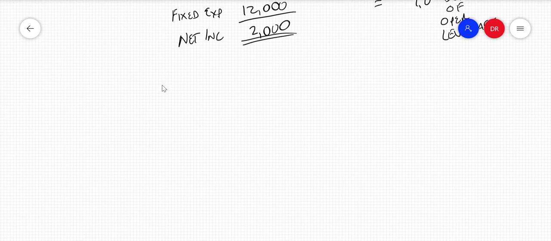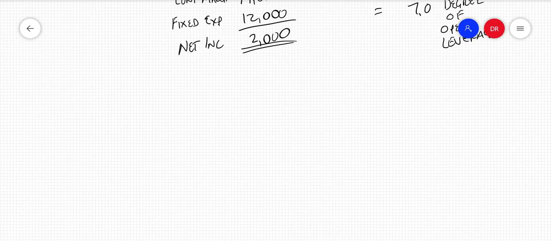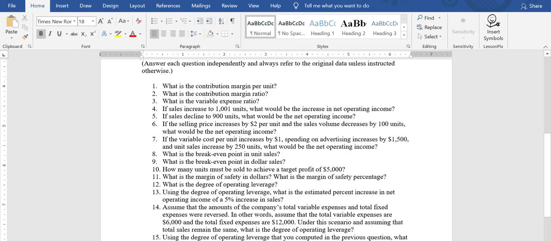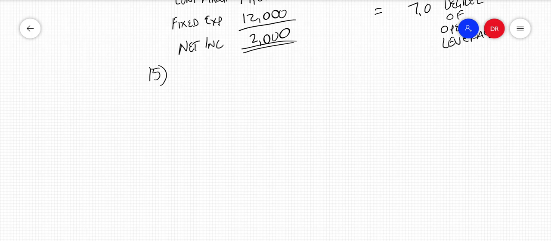So for number 15, and this is the last one on the list, they ask us, using the degree of operating leverage you just computed in the previous question, what is the estimated percent increase in net operating income of a 5% increase in sales? Let's go back and do that.